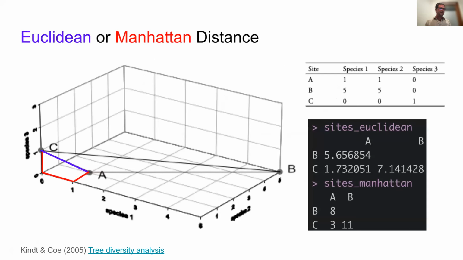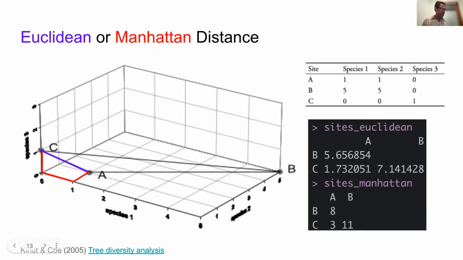Okay, so we could take this cartoon set of sample sites and imagine we've got only 3 sites and only 3 species. Well, we could plot that into a Cartesian coordinate system. For site A, on this axis, we've got 1 species. Here the origin is 0, 0, 0.